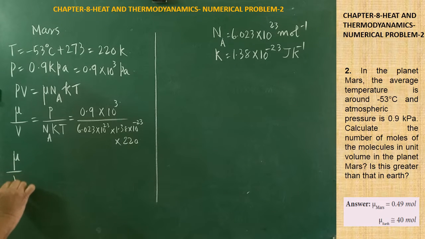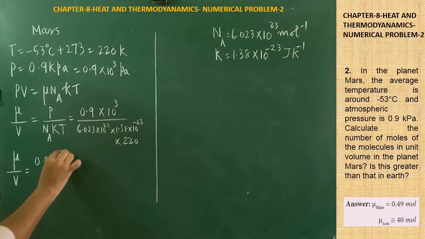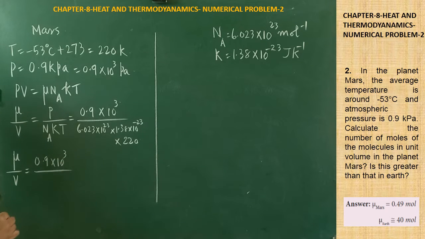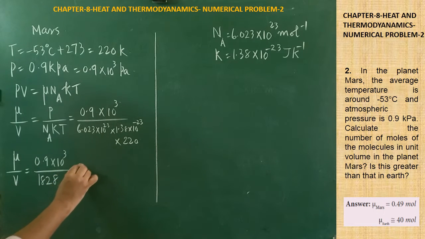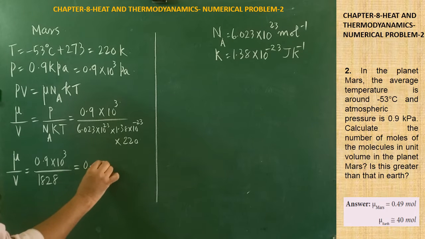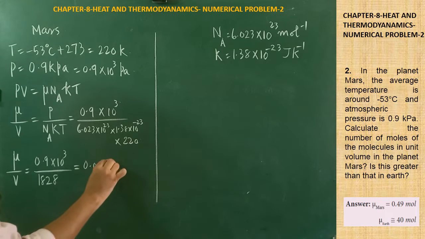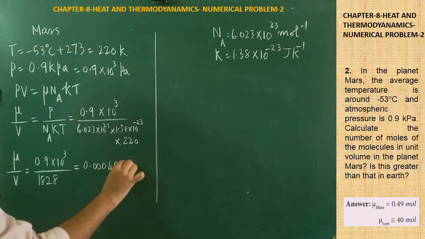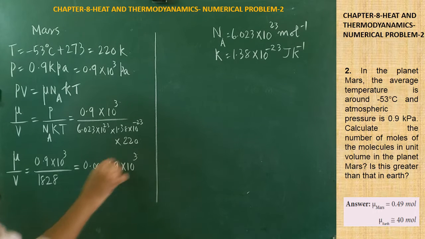Therefore, mu by V will be equal to 0.9 into 10 to the power of 3 whole divided by 1828. If it is calculated with the help of a calculator, you will get 0.00049 into 10 to the power of 3.